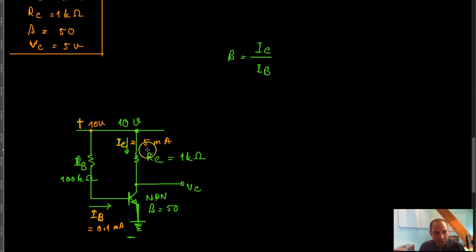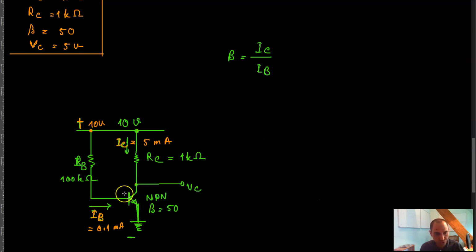Now imagine that the collector current is increased. That means there is more voltage drop across this resistor, and so less voltage drop across this PN junction.